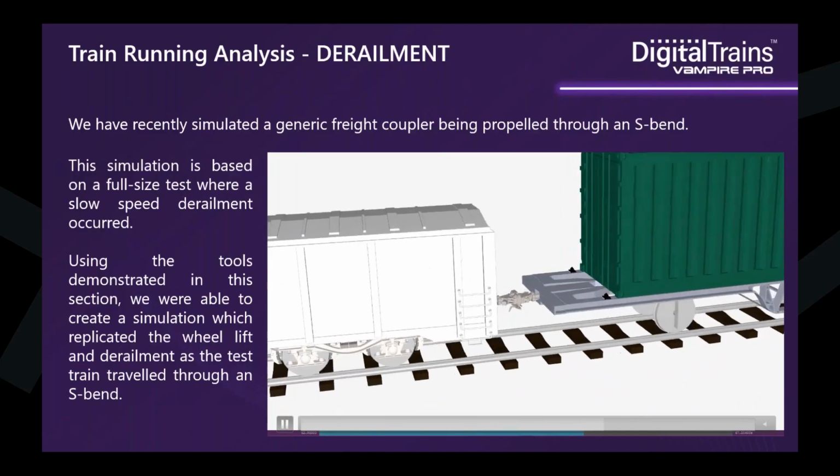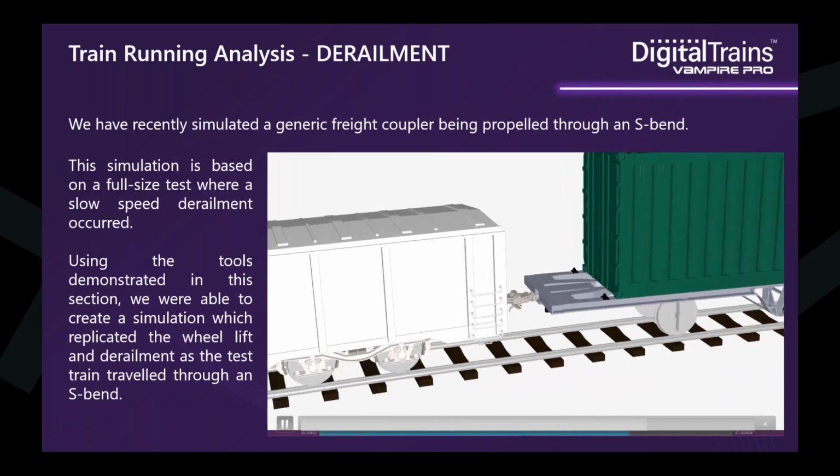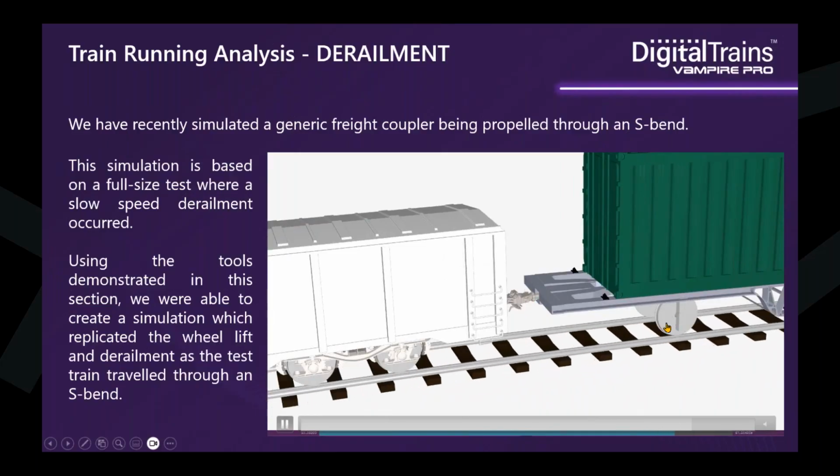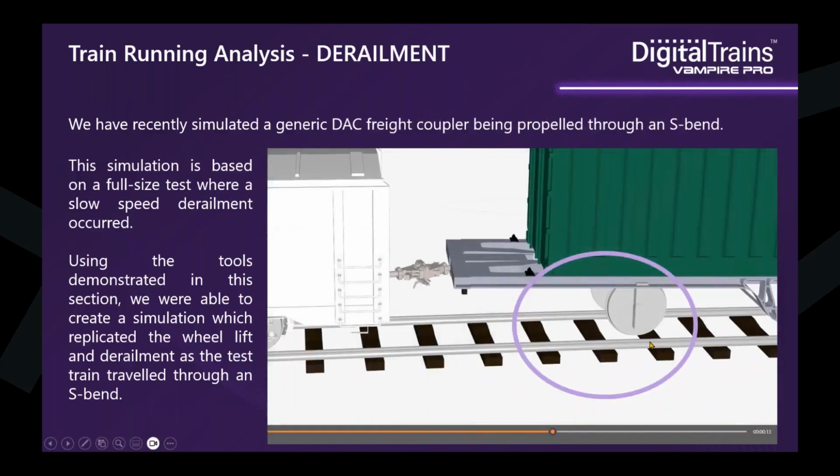In the DigitalTrains 3D viewer, we can clearly show the point at which the wheel lift occurs. It's the last wheel on the green part. It just begins to lift as it goes across. On the next slide, we have a still snapshot to show the wheel lift occurring. Again, visually very powerful just to show when it happened. And from the transducers and the output results, we can then measure the exact extent of what has happened.